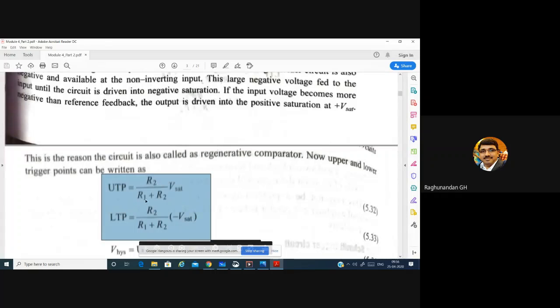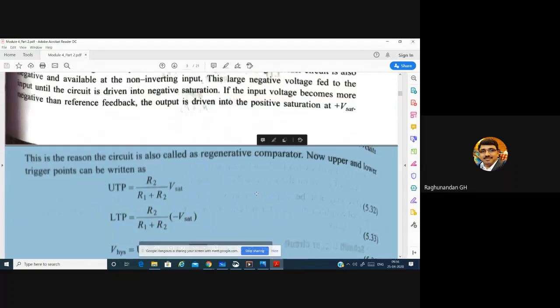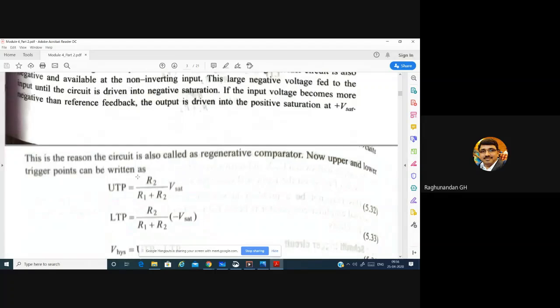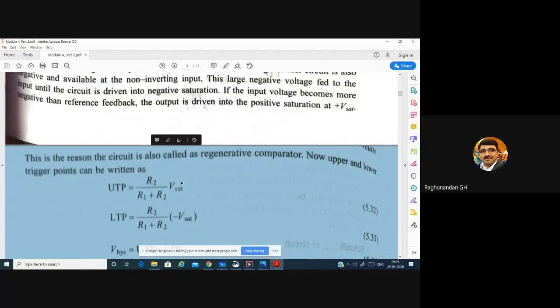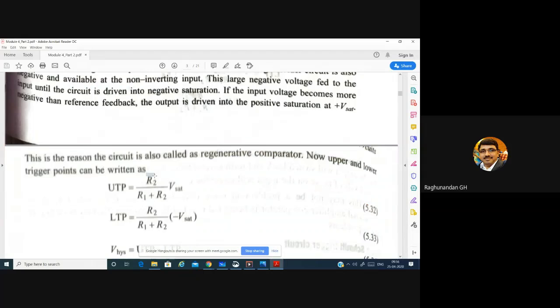UTP is equal to R2 by R1 plus R2 into V saturation. On seeing this equation, can you remember anything? It's the voltage divider rule. You can see that here we are using V saturation, and R2 in both.